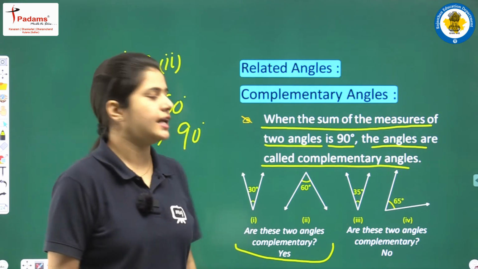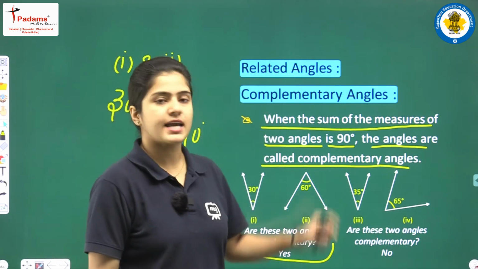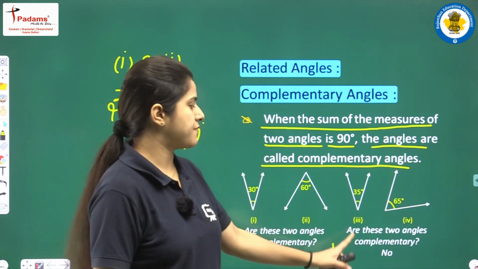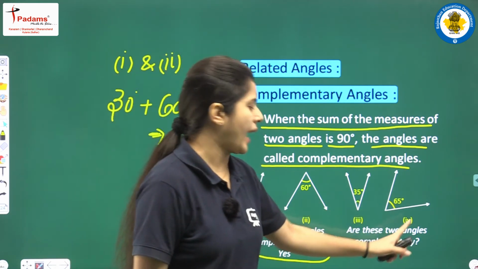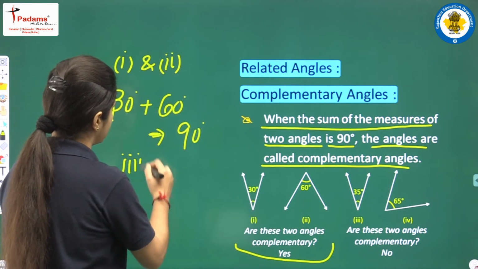Okay, students, looking at these two, that is third and fourth. The first angle is 35 degrees and the second angle is 65 degrees. Now you have to tell, are these two angles complementary?